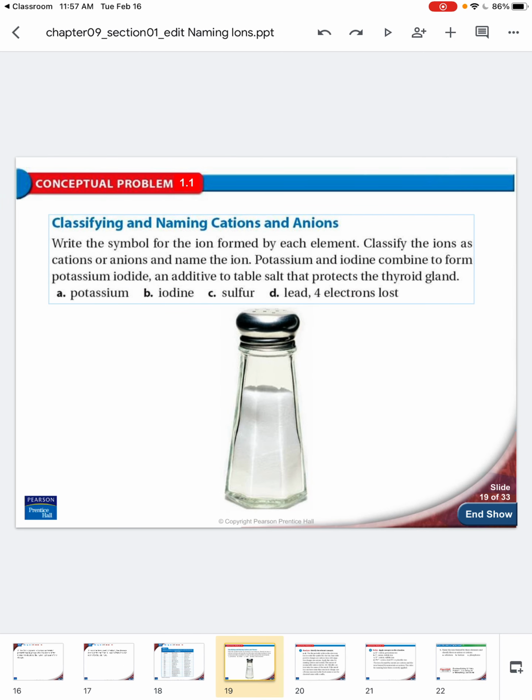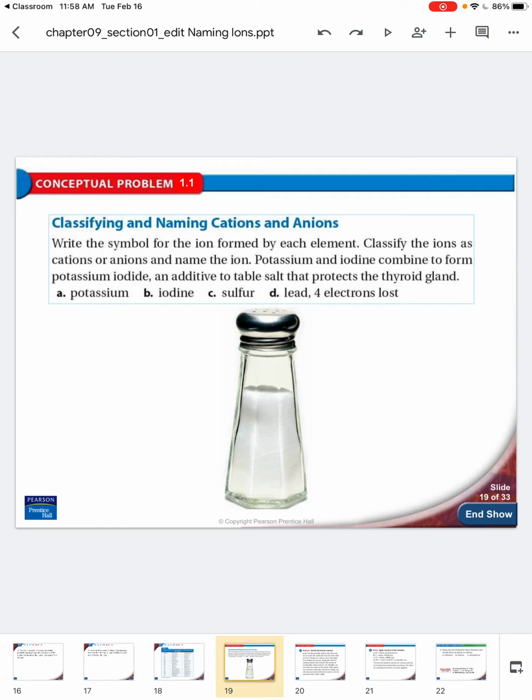This is a little question. Remember, I take my test questions from these lecture notes, and so it says, classify the ions as cations or anions and name the ion. Well, if you look at the periodic table, potassium is a group 1 metal. It forms a +1 ion, and it forms the potassium ion.